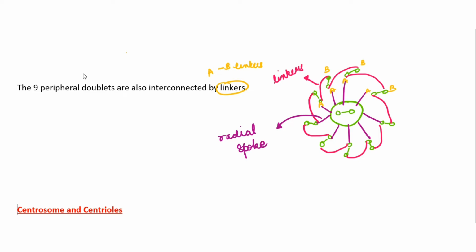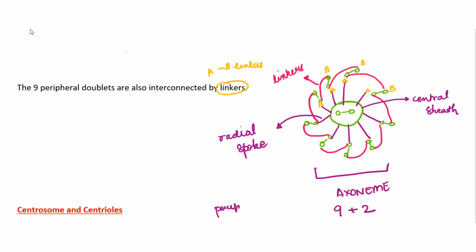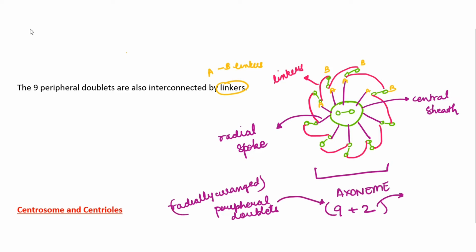This is the central sheath, and this entire thing together is known as the axoneme. It has the arrangement of 9 plus 2. Why 9 plus 2? There are 9 peripheral doublets which are radially arranged, and in the center there is one pair of central microtubules. Understood? So we represent it as 9 plus 2.